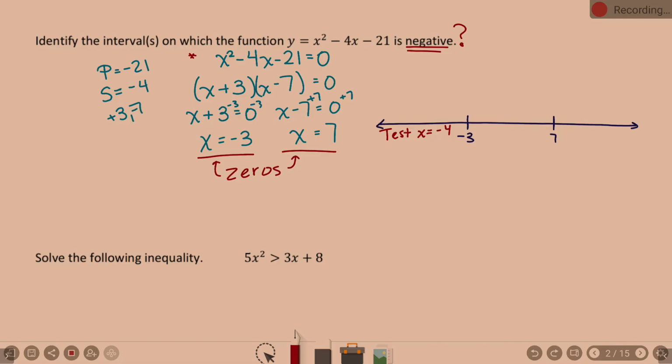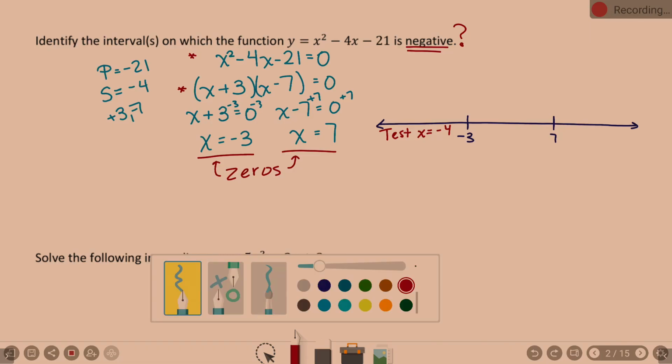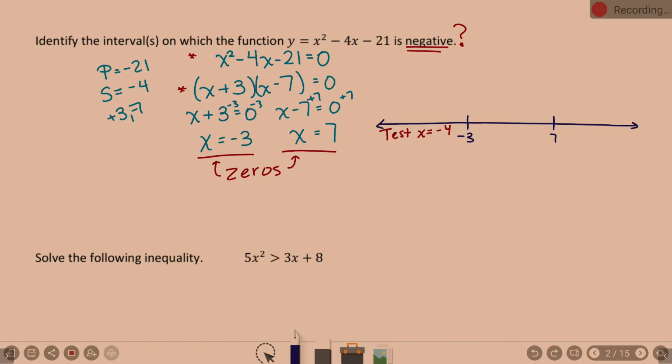The other option besides the original, sometimes the factored form is nice. You could plug it into the factored form. Now, neither one is more right than the other. They're both good ways to figure this out. So I was just going to show on this one that if we plug into the factored form instead, it'll work out the same.